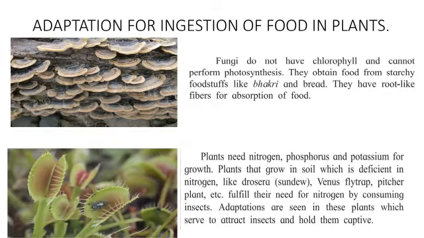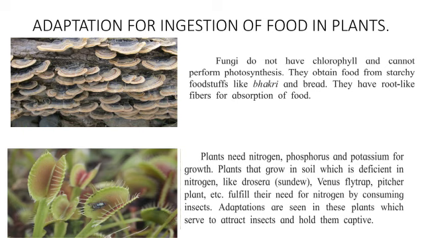Fungi. Fungi do not have chlorophyll and cannot perform photosynthesis. They obtain food from starchy foodstuffs like bhakri and bread. They have root-like fibers for absorption of food. Plants need nitrogen, phosphorus, and potassium for growth.